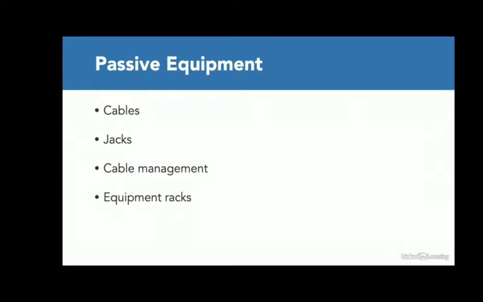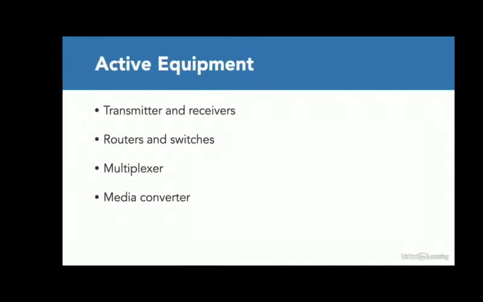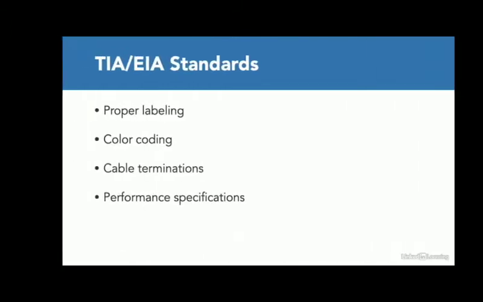So passive equipment includes cables, jacks, cable management, and equipment racks, while active equipment includes transmitters and receivers, routers, switches, multiplexers, media converters.